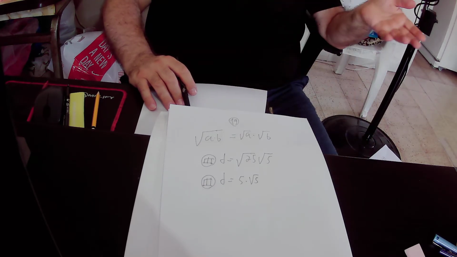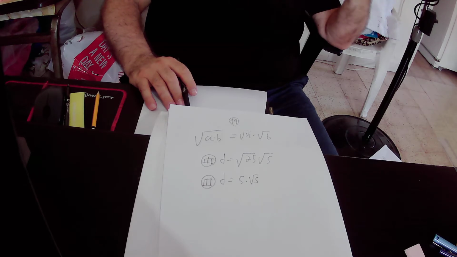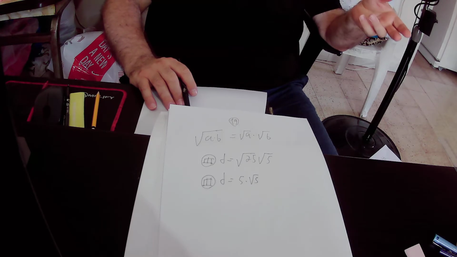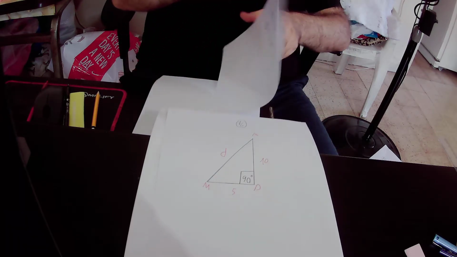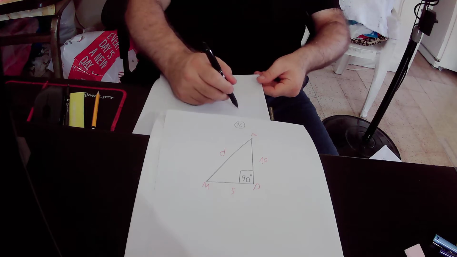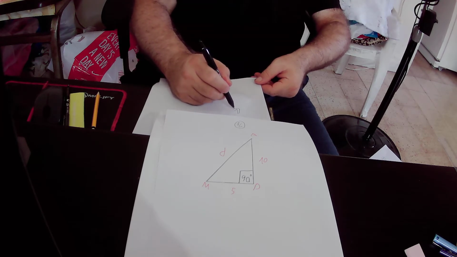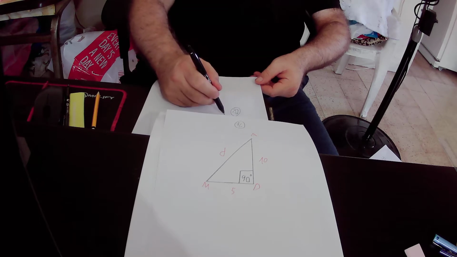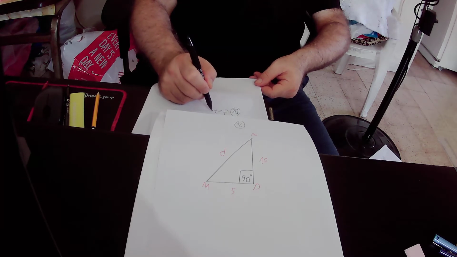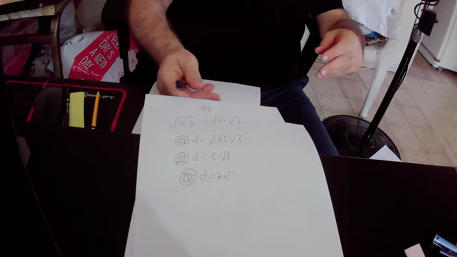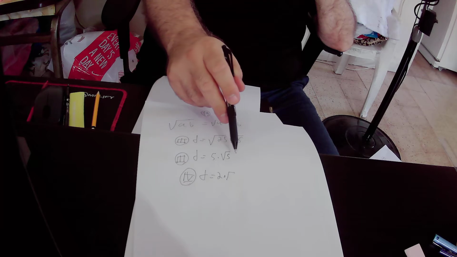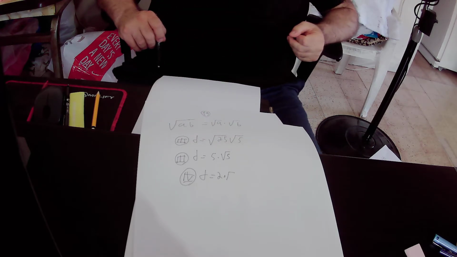As I already mentioned, d is the diameter of the circle, and the diameter of any circle equals 2 times the radius of the circle. That will be our fourth equation. It states that the diameter of any circle equals 2 times the radius.